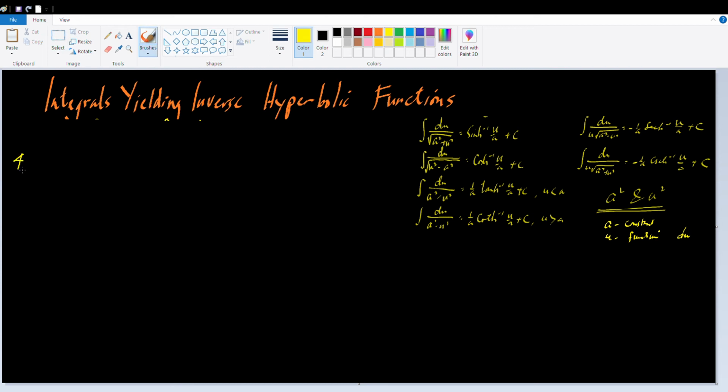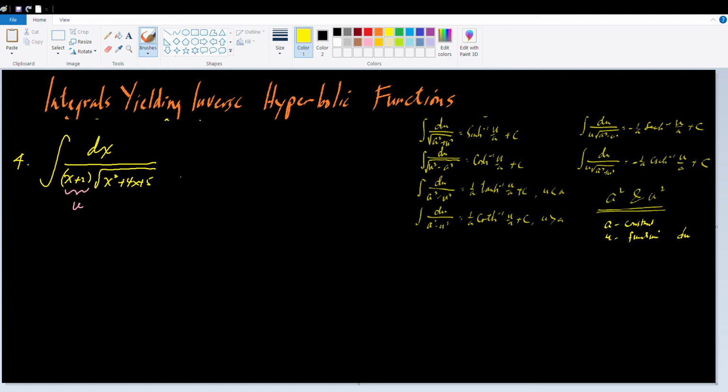We go to our fourth example, the integral of dx all over x plus 2, the square root of x squared plus 4x plus 5. So we see a term outside our radical, and we suppose that this is our u. So what we need inside the radical is u squared.